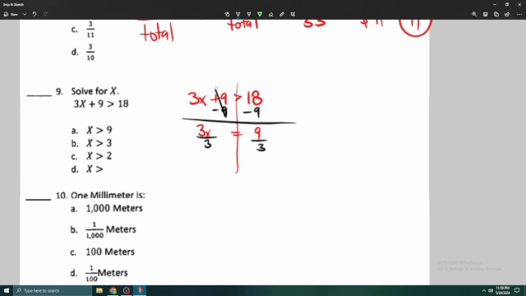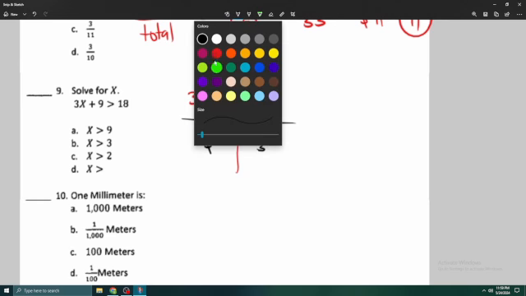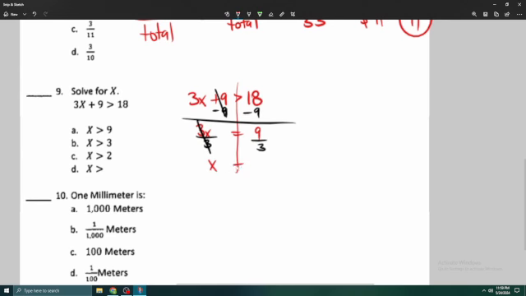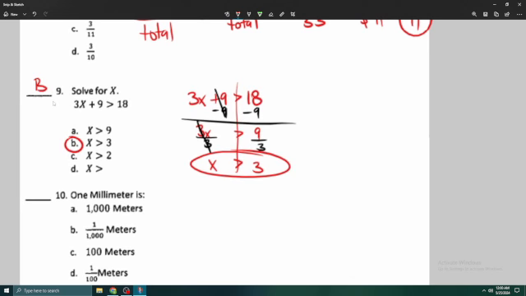So we'll divide both sides by 3. These 3's cancel out. I'm left with x on the left-hand side. 9 divided by 3 is simply 3. Except we're not using equalities, right? This is an inequality. So, in this case, x would be greater than 3. Okay, not too bad.